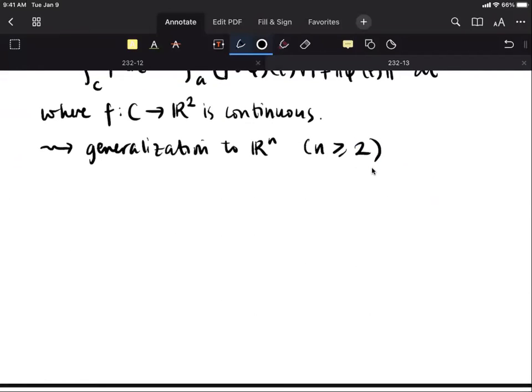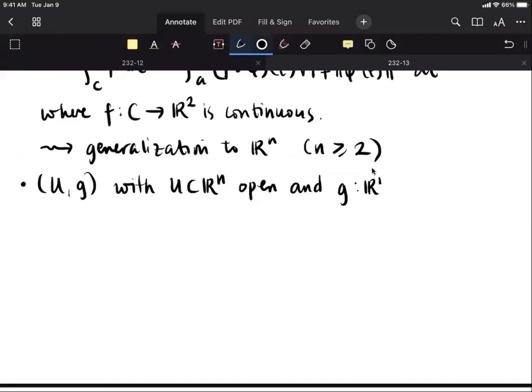So let's start with the definition. So consider a pair U, g with U a subset of Rn, which is open, and g is a map from, let's say, Rn minus 1 into R, and this is C1. By this, we say that g is continuously differentiable.